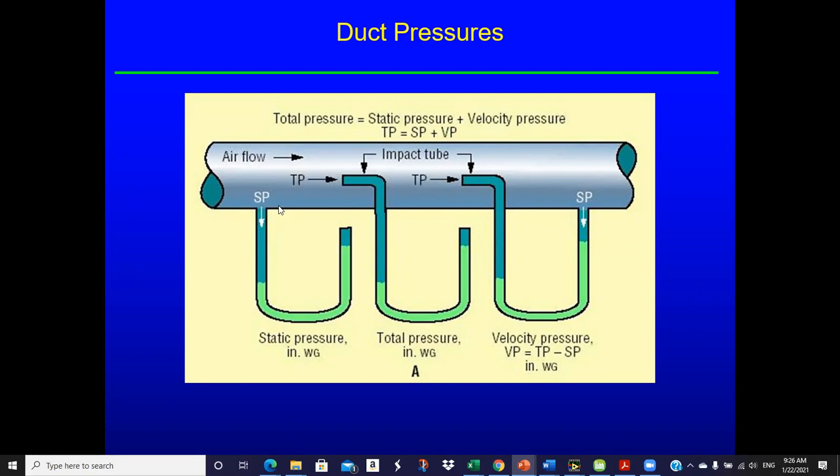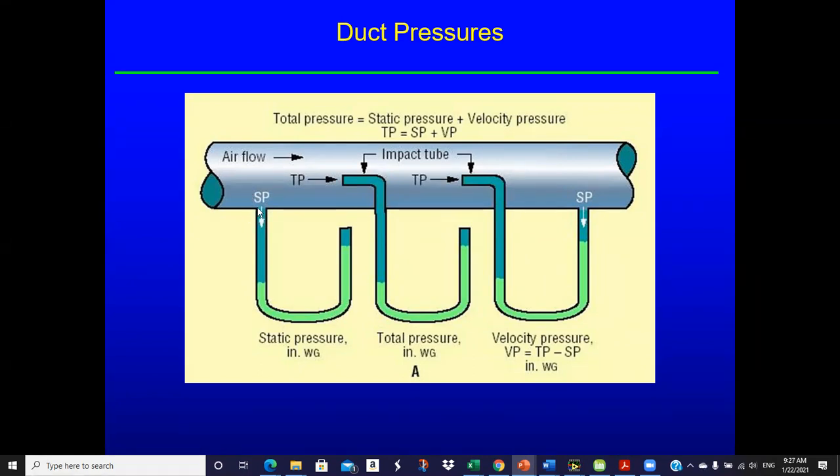If we want to measure some of these, say we have air flowing through ductwork here, we can drill a hole in the side of the duct perpendicular to the flow. We're assuming the flow is all in the axial direction, and if it's turbulent enough we may get some impact into the static port, but that's just the way it goes.